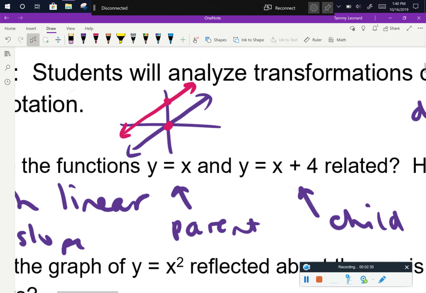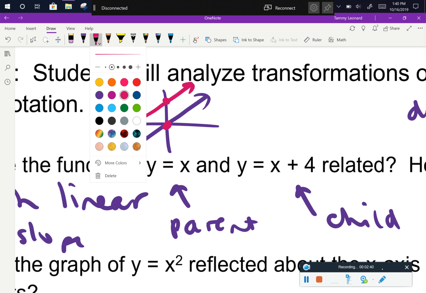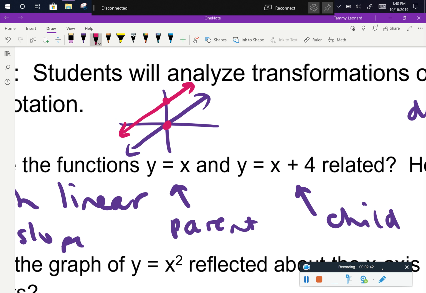So if I just zoom in on that part, I got to make this thinner or you won't be able to read it, this went up 4. Yes? But I want you to think about something. How far could you think of it as having gone that way? 4 to the left.